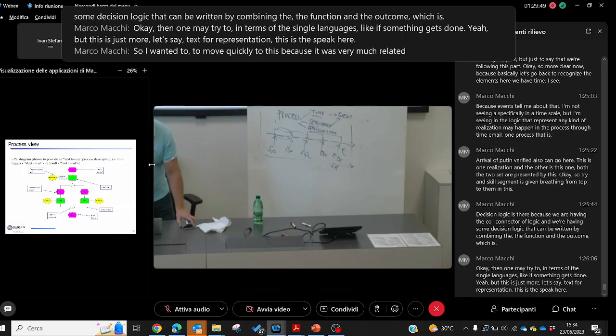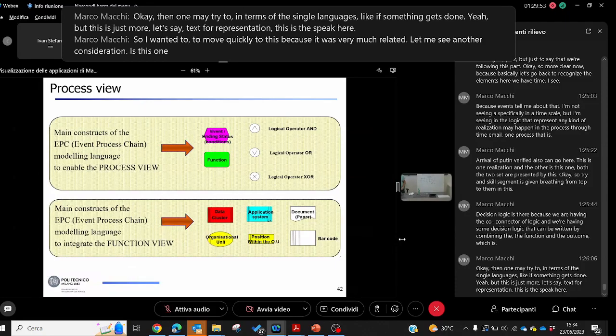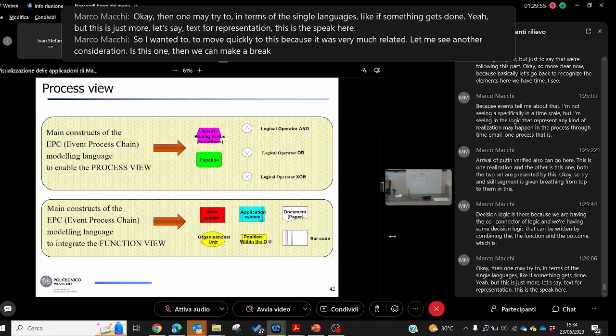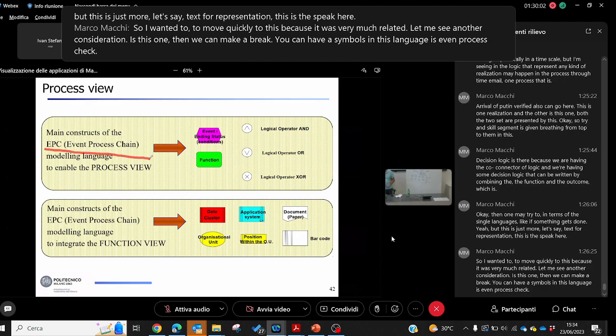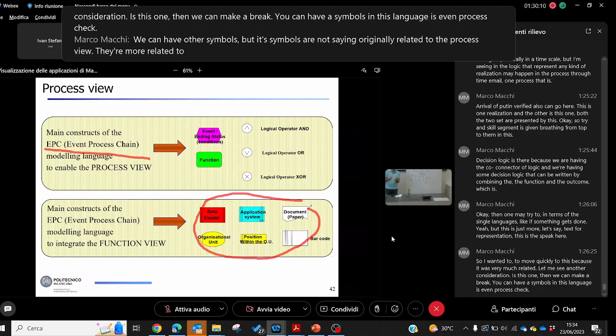Let me say another consideration is this one. Then we can make a break. You can have other symbols in this language, event-driven process chain. We can have other symbols, but these symbols are not originally related to the process view. They are more related to the functional view. You can attach them, but it's another perspective. Why? Let me say.